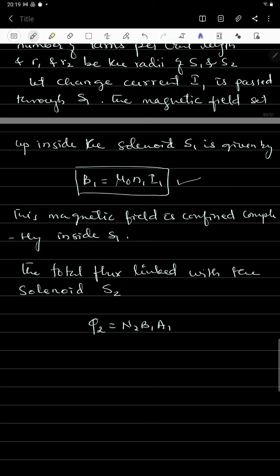So that determines the magnetic flux linked with S2.